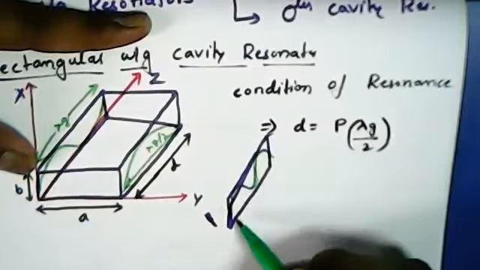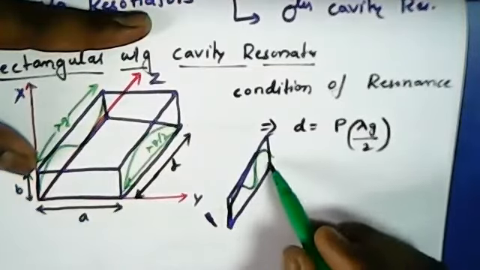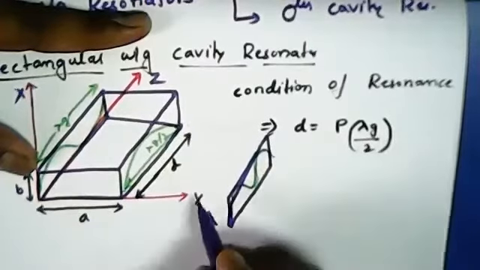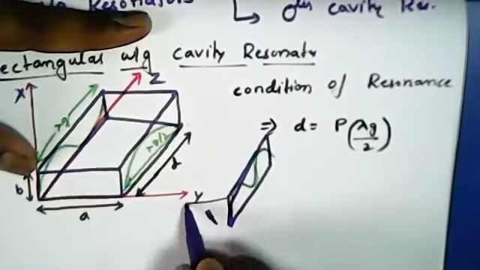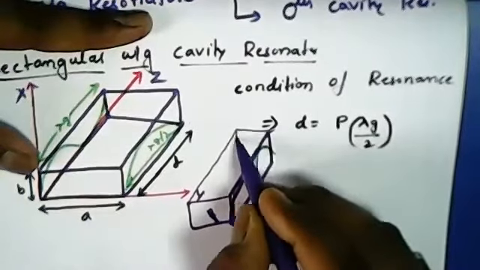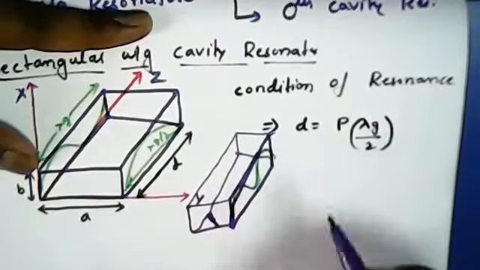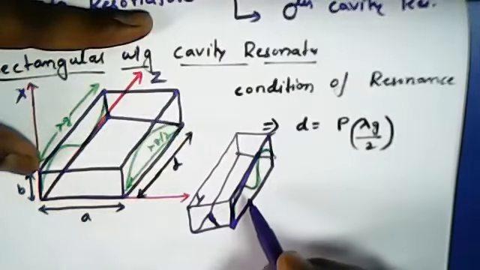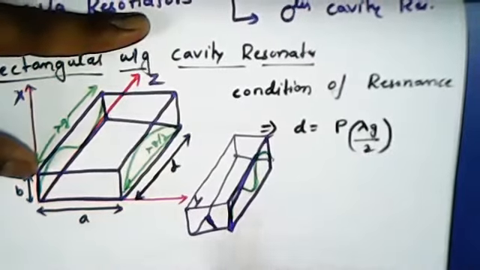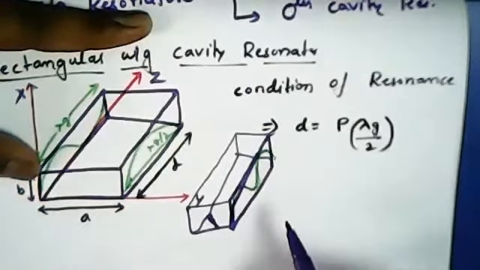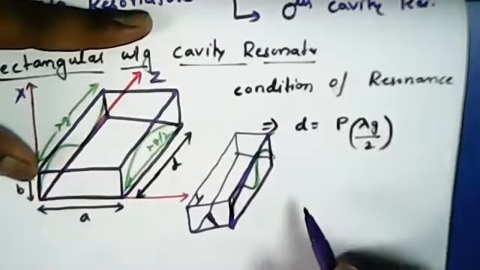What is the wavelength of this particular signal resonating within the waveguide? This is the waveguide structure only. As it takes time to draw, I have drawn it like this. 3 lambda G by 2. Good, Andy. Yes, fine. Any other answers?